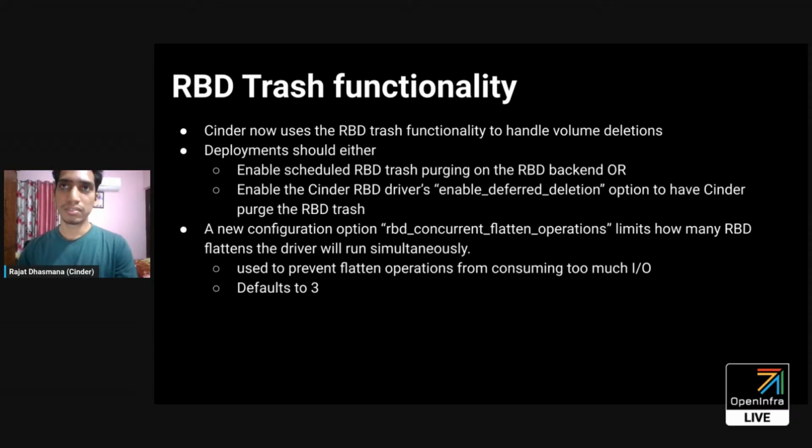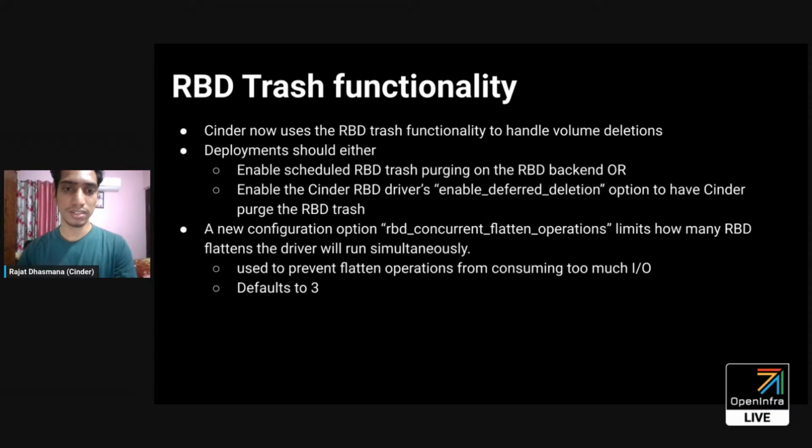We can see that when we delete a snapshot which has a volume dependent on it, we tend to flatten that volume, which might be a very storage-consuming operation because we usually do copy-on-write clones in RBD, and now we are flattening the whole volume.